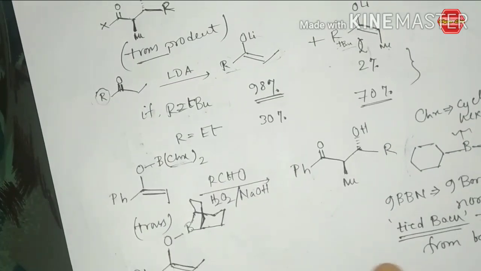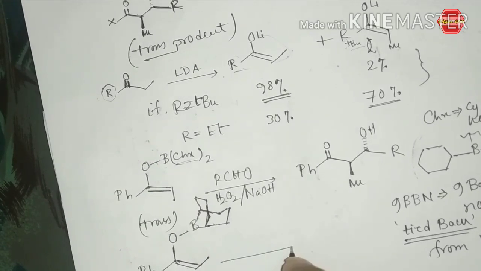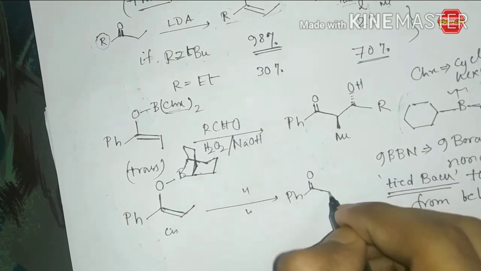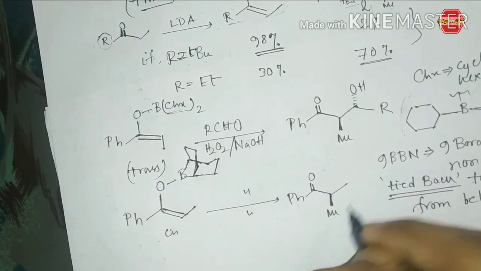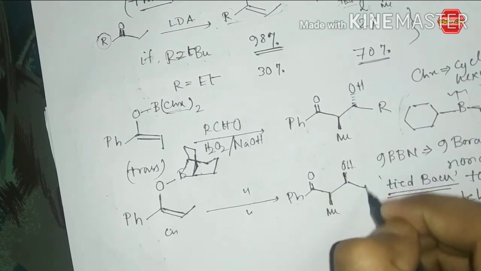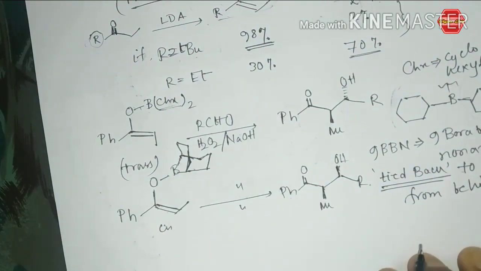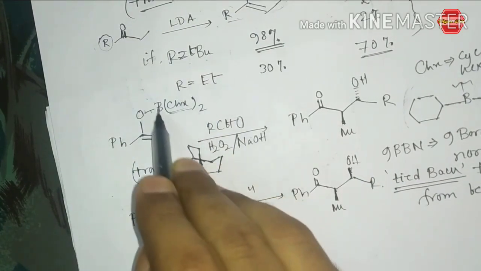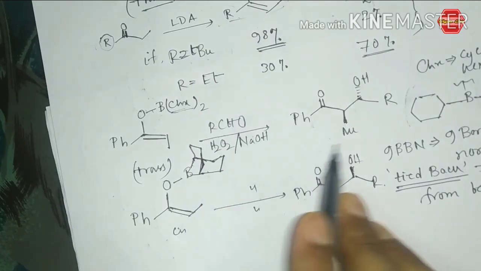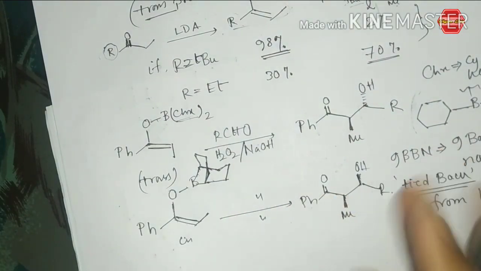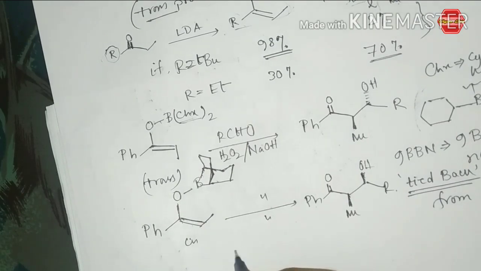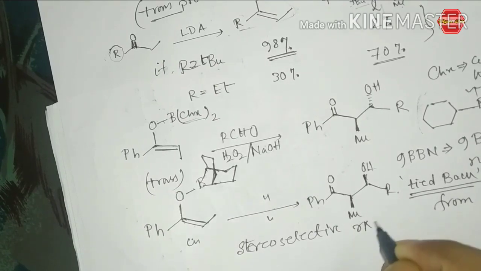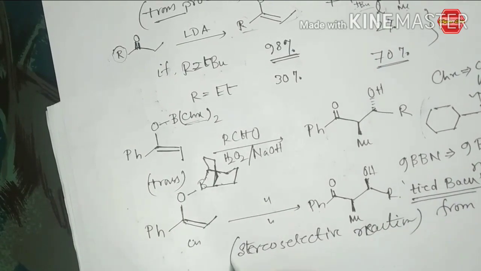Okay, now from the same reagent, you get this kind of structure, like this. Now see why this occurs: it is because this is not as large as the cyclohexyl group, and the cis enolate forms stereoselectively. This is actually a stereoselective reaction.